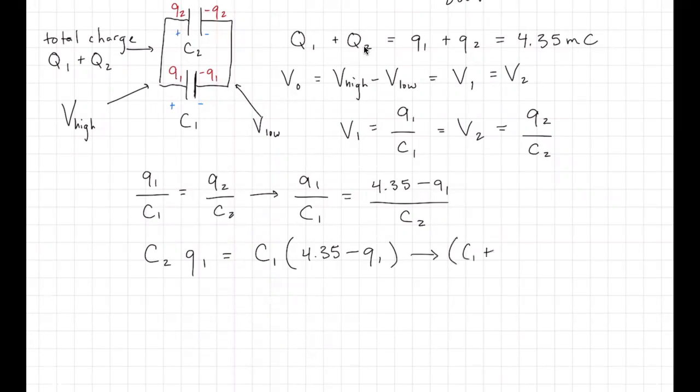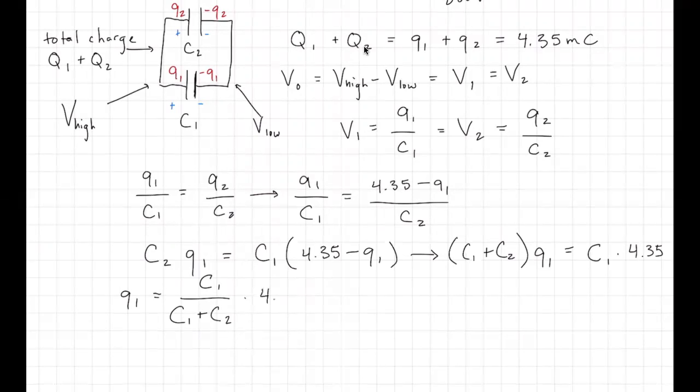So C1 plus C2 times Q1 is equal to C1 times 4.35. So Q1 is C1 over C1 plus C2 times 4.35. So some ratio of the total charge, which kind of makes sense.